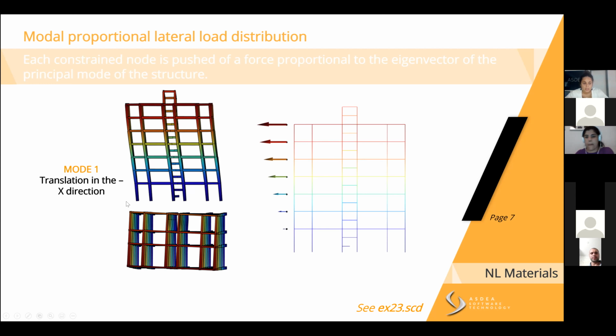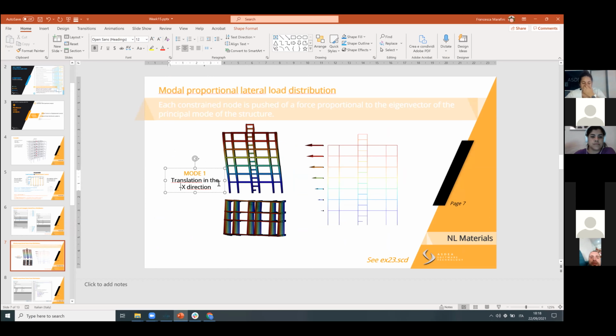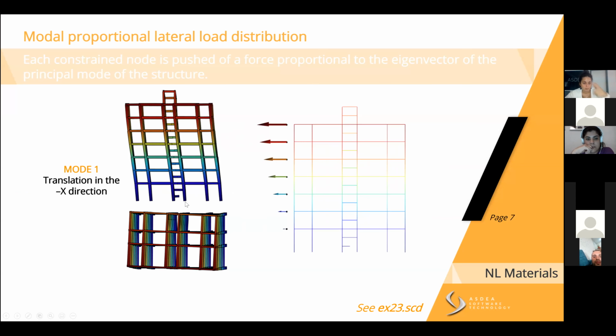I saw that mode 1, actually mode 0 in the index place of STKO, is translational in the -x direction. These eigenvectors were extracted from the results and applied to the master node.